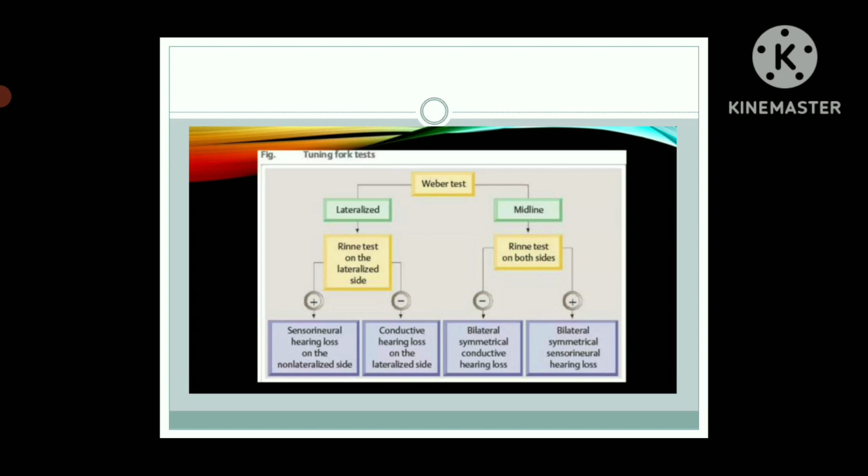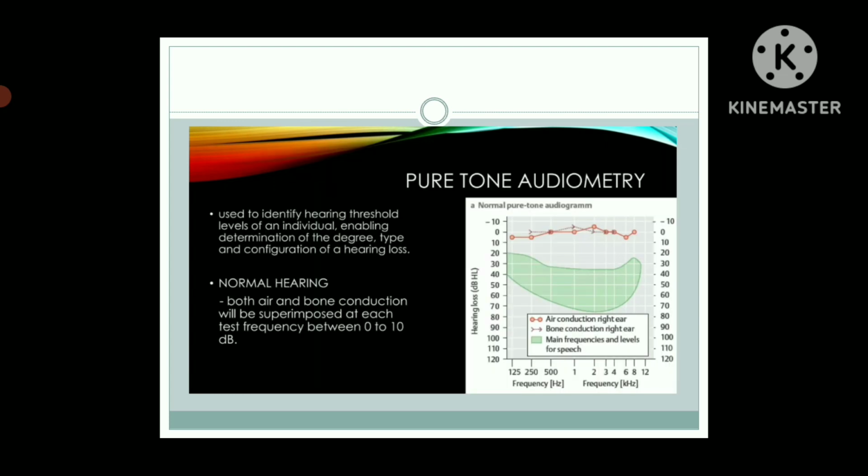In case of lateralized, the Rinne test on the lateralized side: a positive Rinne test indicates sensorineural hearing loss on the non-lateralized side, and negative indicates conductive hearing loss on the lateralized side. In case of midline, a negative Rinne test on both sides indicates bilateral symmetrical conductive hearing loss, and a positive Rinne test on both sides indicates bilateral symmetrical sensorineural hearing loss.